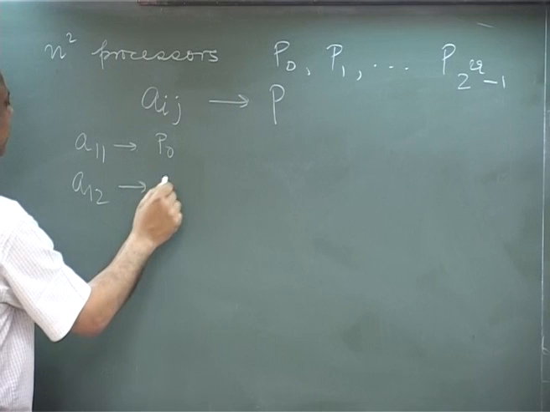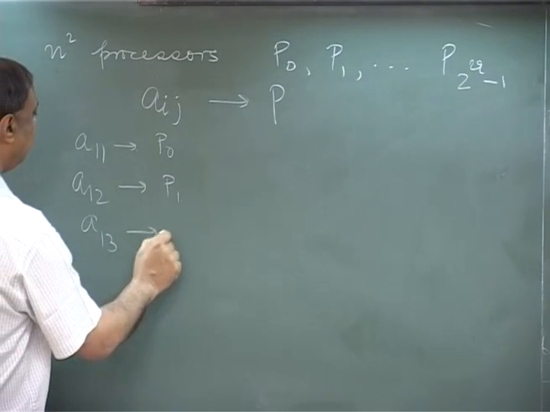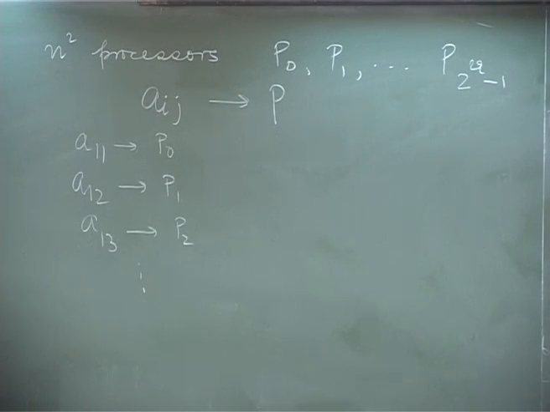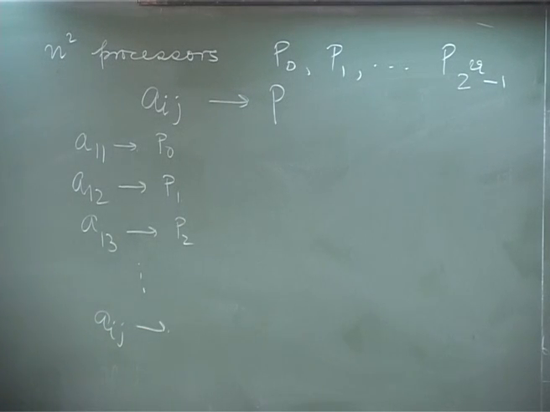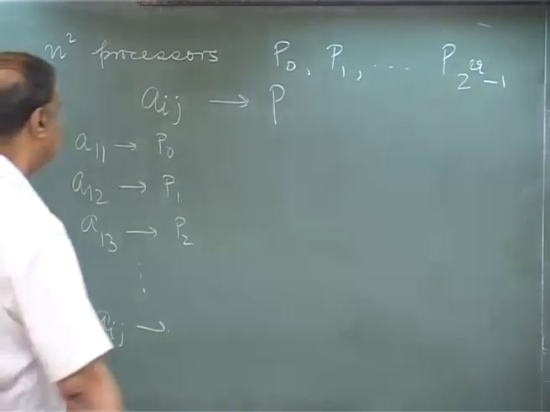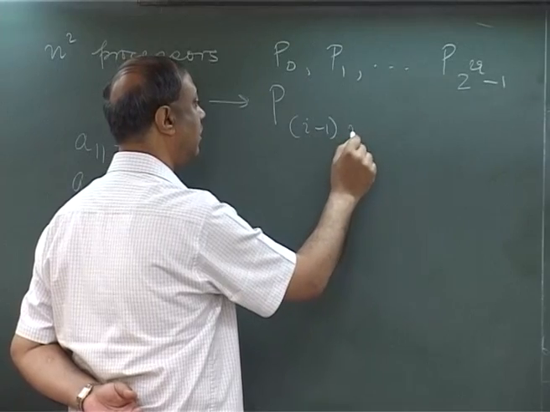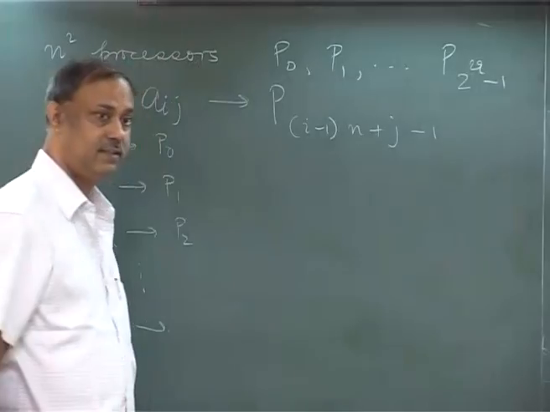A12 is stored in P1. A13 is stored in P2. Aij is stored in P of i minus 1, right?